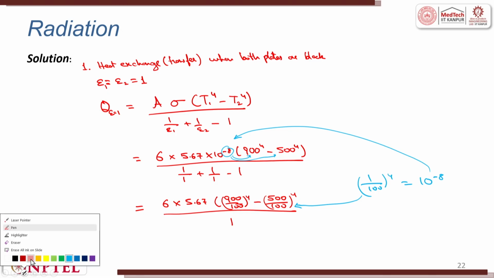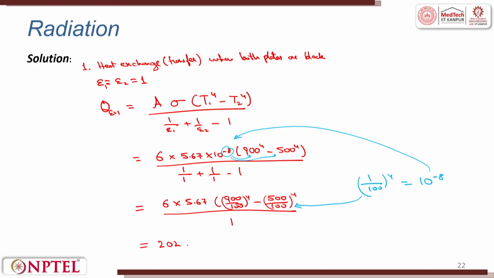This value turns out to be 202 kilowatts approximately when epsilon is equal to 1.